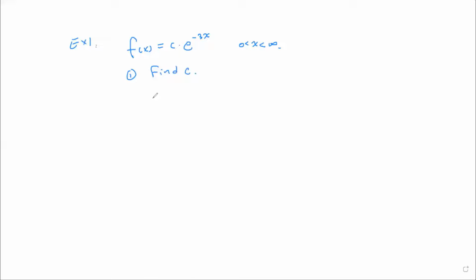Because it's a density function, we have this fact about density functions: for any density function, the integral from negative infinity to infinity should be 1. All right, so we plug in this function, which is c times e to the negative 3x. Be very careful.